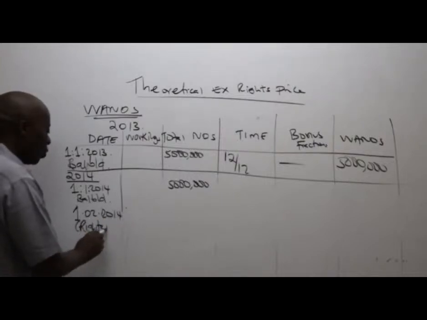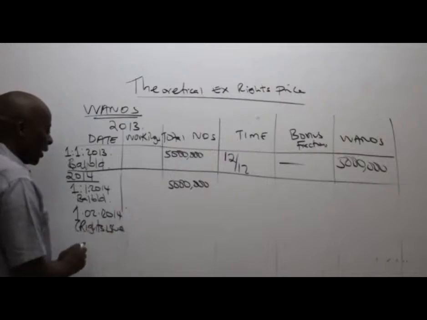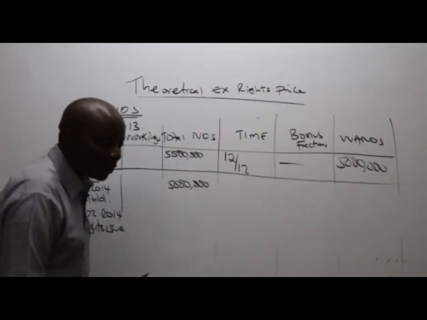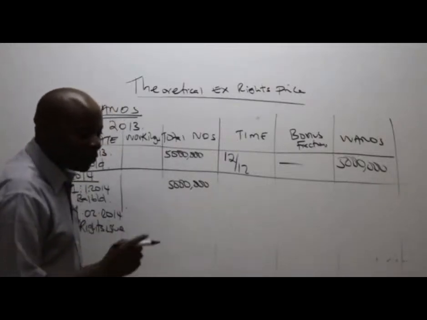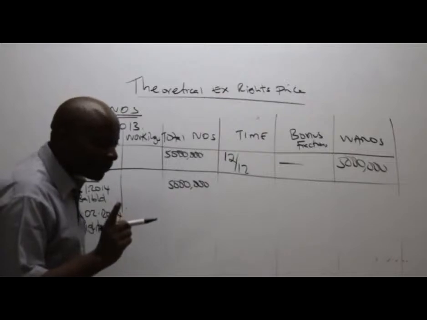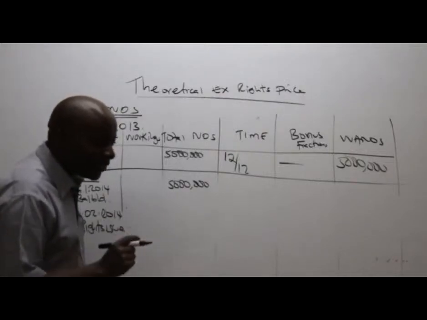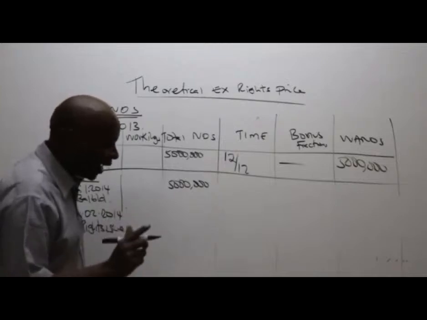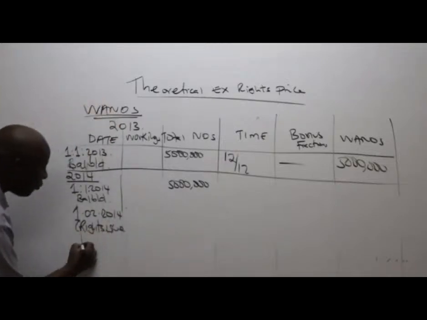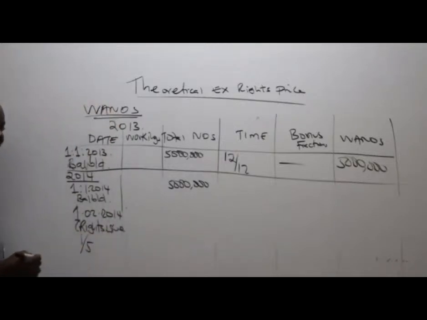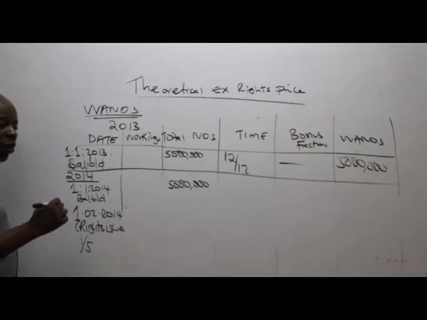A rights issue of how much? A rights issue of what fraction? 1:2? Oh yes, you are confusing me. A rights issue of 1:5. A rights issue of 1/5.